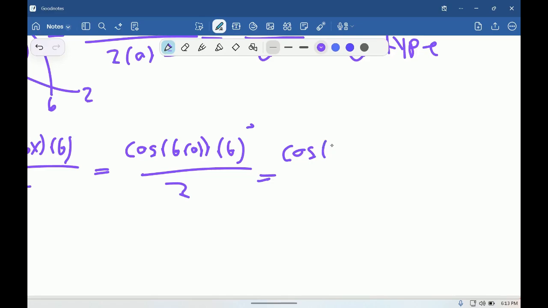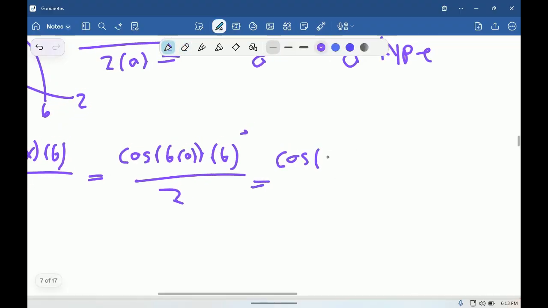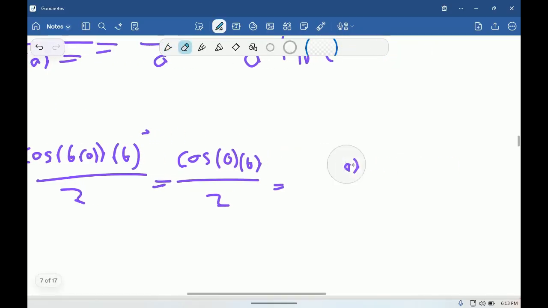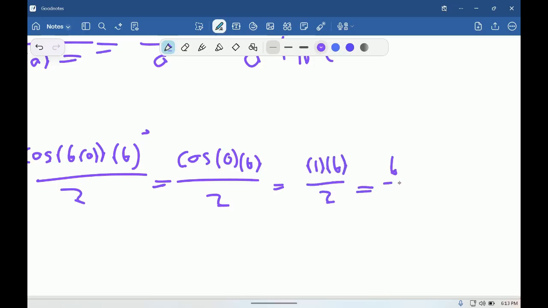Cosine of 0 is 1, so we get 6 over 2, which is going to give us 3.